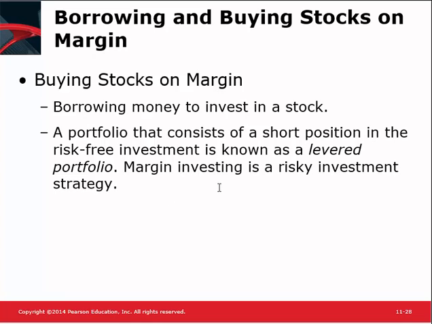The margin investing in a risky investment strategy, if you will, right? The negative investment is the risk-free part, and the margin is the equity, or the amount that you own in the risky asset. So in other words, the margin is X, and the portfolio piece is 1 minus X.